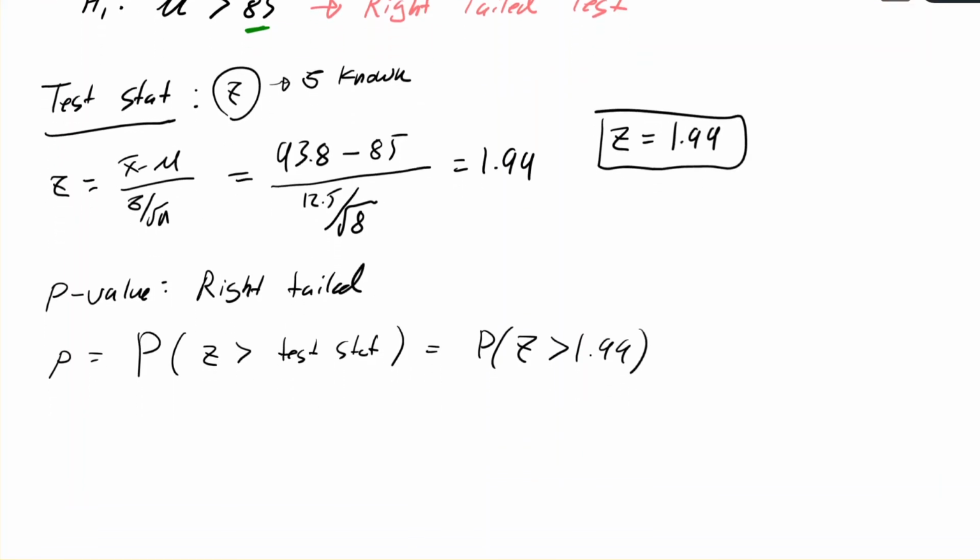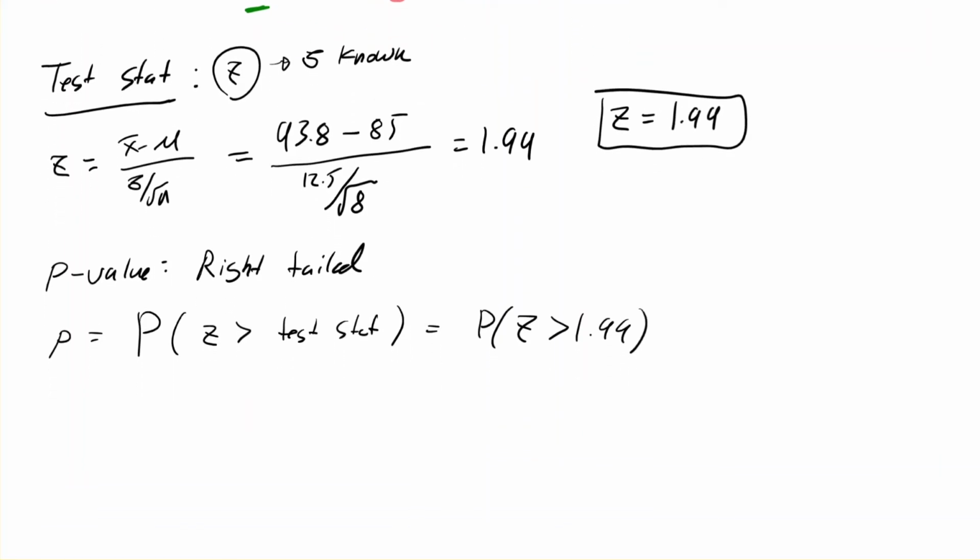But area on the right side is not directly given in the z table, which is why we have to do 1 minus probability z less than 1.99. So from the z table, we can find this probability value.